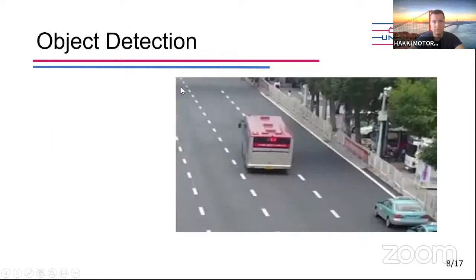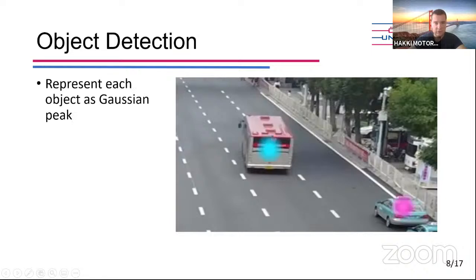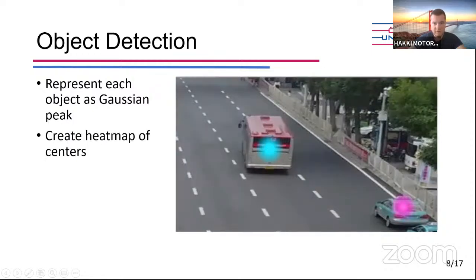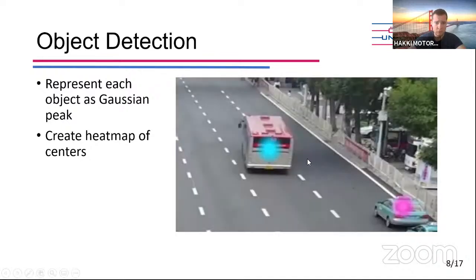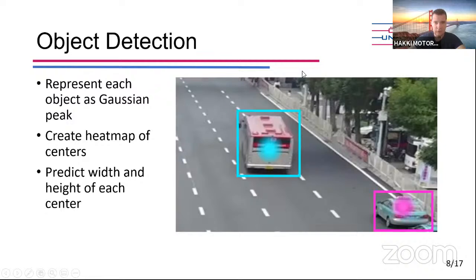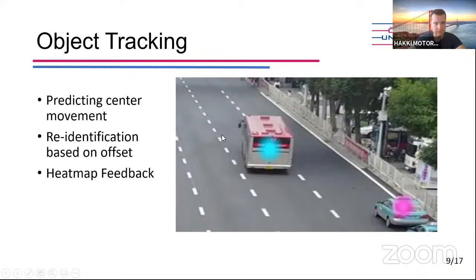So how our method works: we use center-based detection. We represent each center as a Gaussian peak, like we can see here. And we want our model to create a heat map like this. We also want our model to predict bounding boxes for the tracking and detection procedure and success calculation.